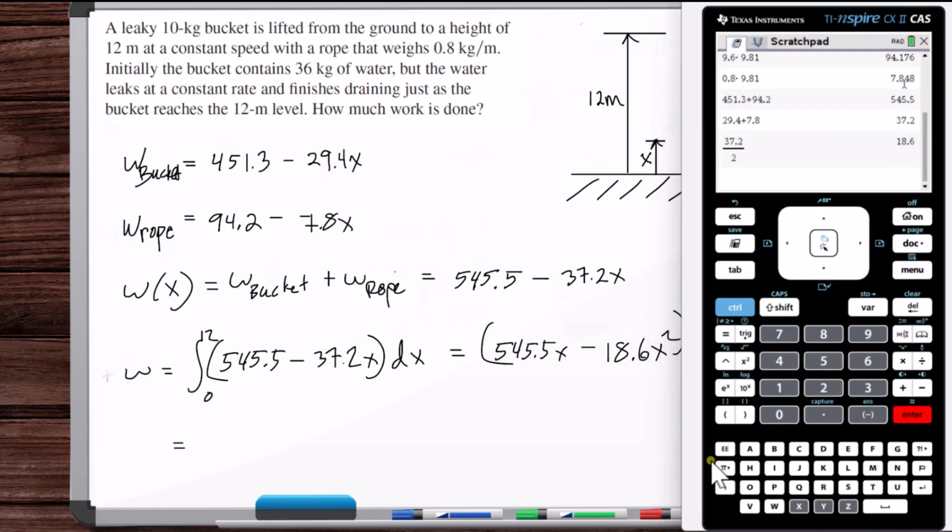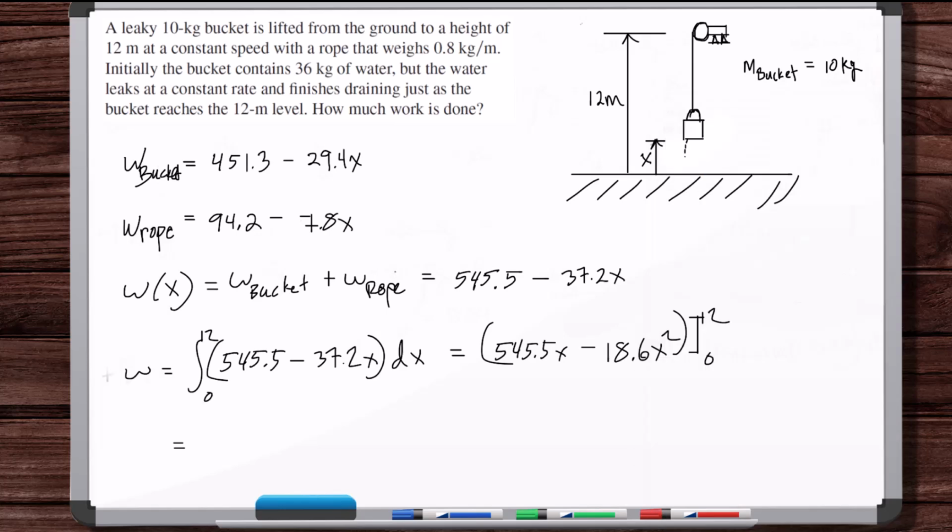So 545.5 times 12 minus 18.6 times 12 squared, which is 144. That gives 3868. This is newton meters, so this is joules.